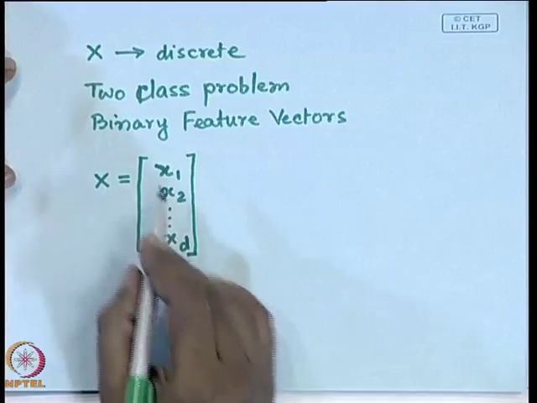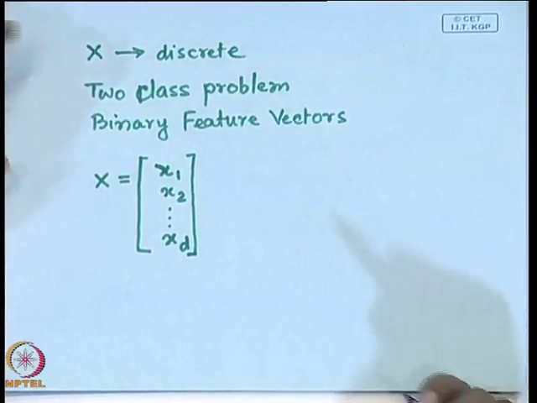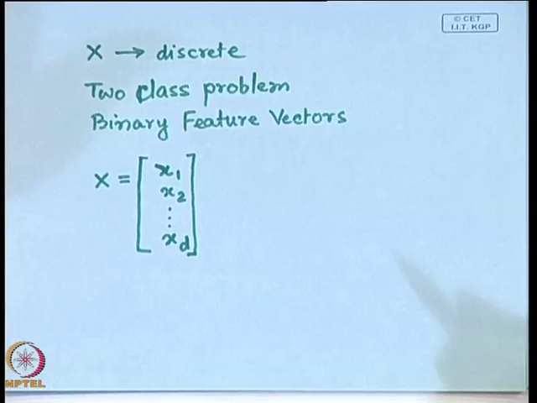So, when I have this sort of binary feature vectors, we will also assume that different components of these feature vectors are conditionally independent, to have something similar to statistical independence of different components in continuous feature vectors. So, here also we will assume that different components of the feature vectors are conditionally independent.